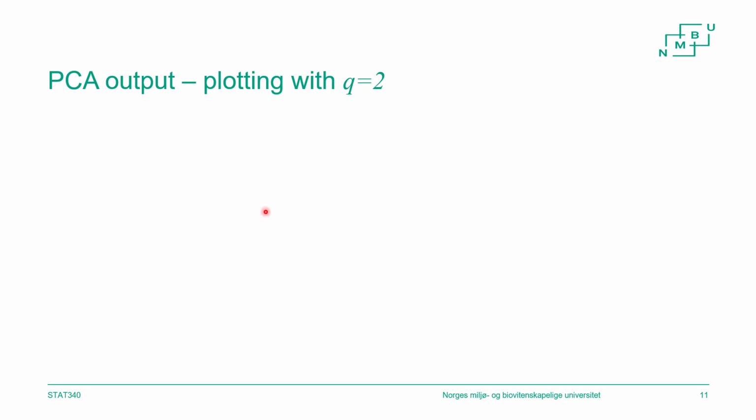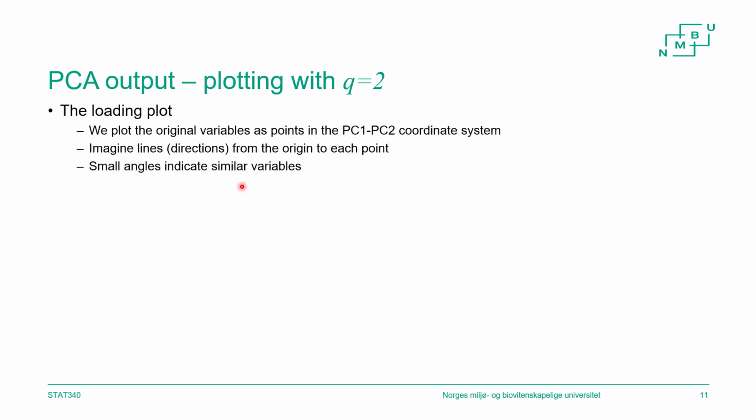So, plotting with Q equals 2. The loading plot. The loading plot is plotting the original variables as points in this PC1, PC2 coordinate system. So we plot the variables, right? This tells us a little bit about how the original variables are located once we have rotated the axis. Where are the original axes compared to this new axis?